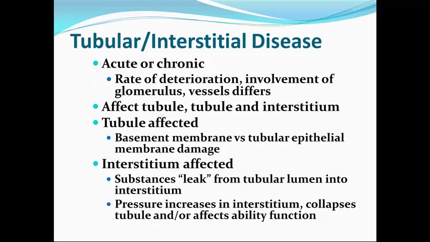We don't see it as much anymore, but this is what used to happen in chronic pyelonephritis. And back in Henry VIII time, this was the most common cause of kidney disease, because the other reasons for kidney disease, people died before they got treated. You will also see a chronic tubular interstitial disease with nonsteroidal anti-inflammatory damage, and you can also see this as a component of lupus nephritis.